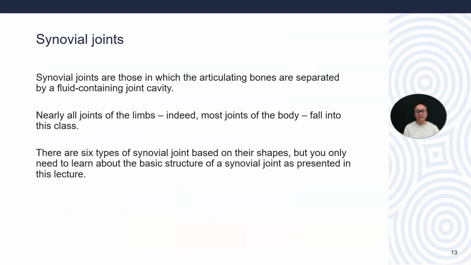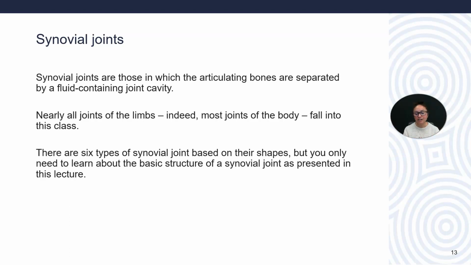Now let's look at the synovial joint. Most joints of the body fall into this particular structural category, and this type of joint does have a cavity. It has a hole.